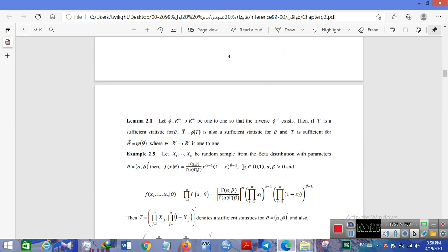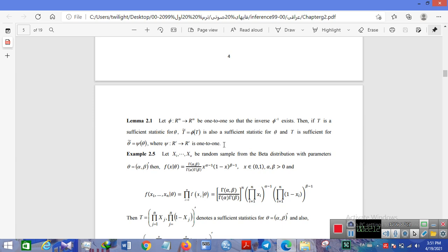We have a Lemma 2.1: let phi from R^m to R^m be 1-to-1, so the inverse phi inverse exists. If T is sufficient for theta, then T tilde equal phi(T) is sufficient for theta, and T is sufficient for psi(theta), where psi is a 1-to-1 function of theta.